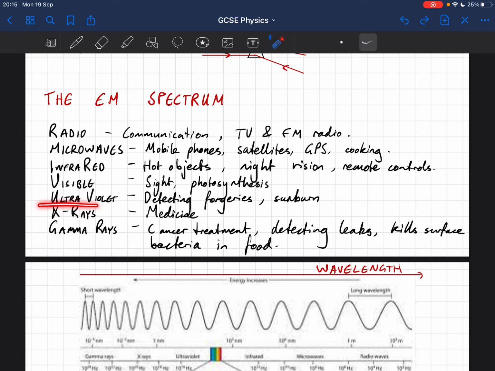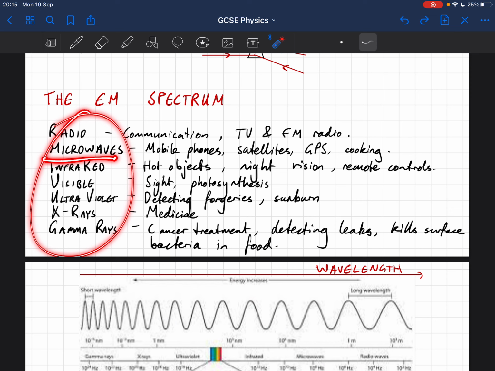Ultraviolet light is produced by any object that is over about 4,000 degrees Celsius. X-rays are used in medicine, and we can use them to both detect and treat injuries. Gamma rays are used in cancer treatment. They're also used for detecting leaks, and they are also used for killing surface bacteria in food in order to prolong the shelf life.